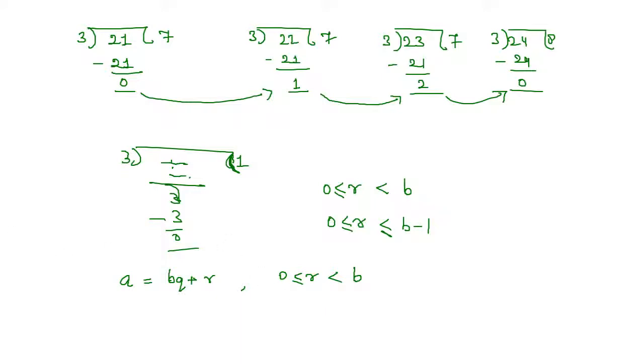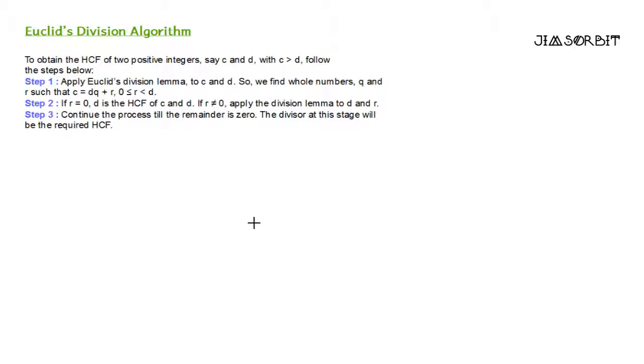Like suppose you want to find the HCF. Now this is an algorithm which can help us to find the HCF, by applying this lemma as a set of rules again and again till we get the remainder 0. We will find the HCF by this algorithm.